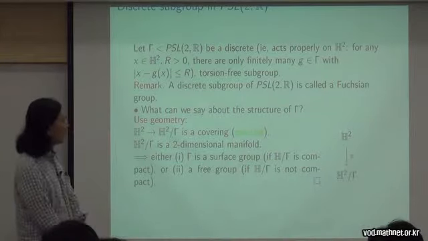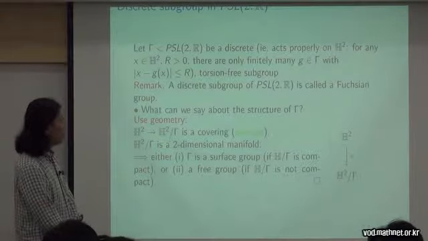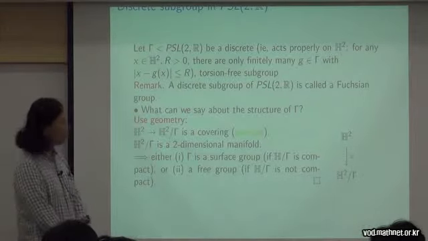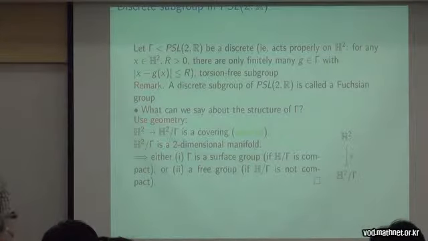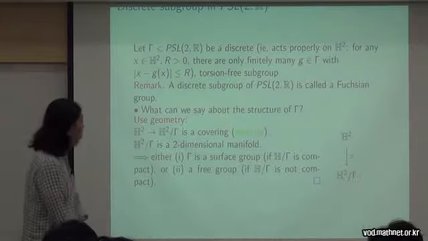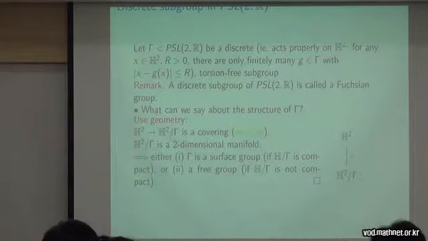So now again, gamma is isomorphic to the pi1 of the quotient. Therefore, it's a free group. So the conclusion is that a torsion-free discrete subgroup in PSL2R is either a surface group or a free group. Okay, so that's some kind of little argument using geometry to understand the structure of a group.